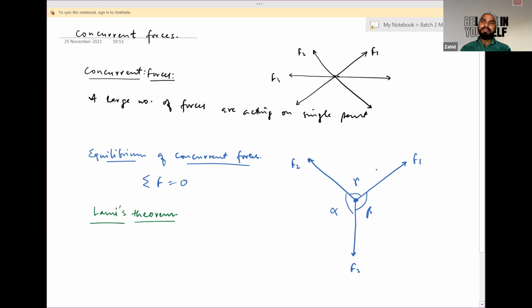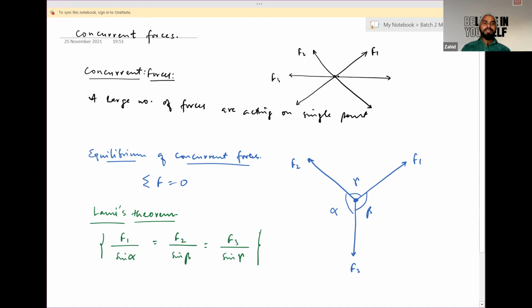So in terms of vectors, a number of vectors arranged to form a closed loop will give you resultant as 0. So it will be F divided by sine of opposite angle equals F divided by sine of opposite angle, equals F divided by sine of opposite angle.